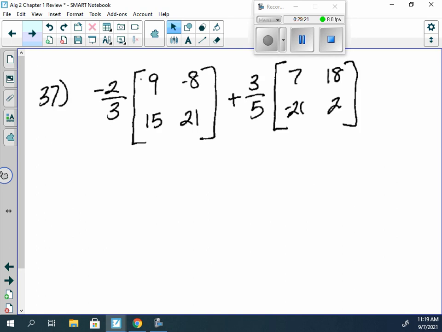Okay, we can do this by hand, or we could actually type this straight into the calculator, because we can do negative 2/3 times matrix A plus 3/5 times matrix B, hit enter, and it's done. Now, if we do this by hand, negative 2/3 will multiply through. Negative 2/3 times 9.